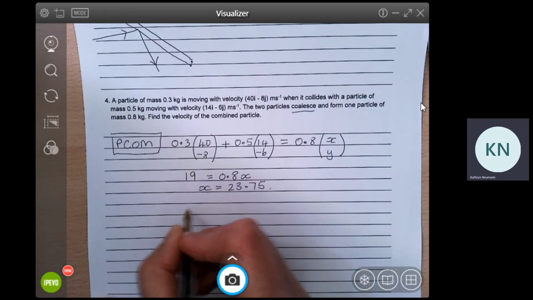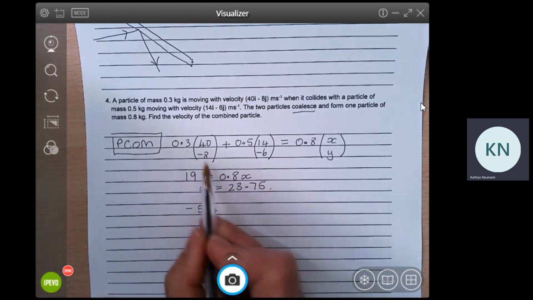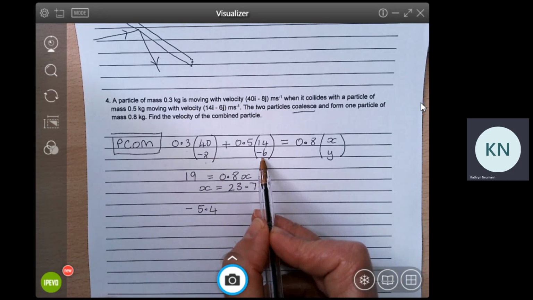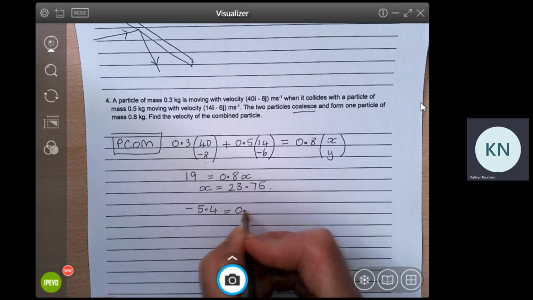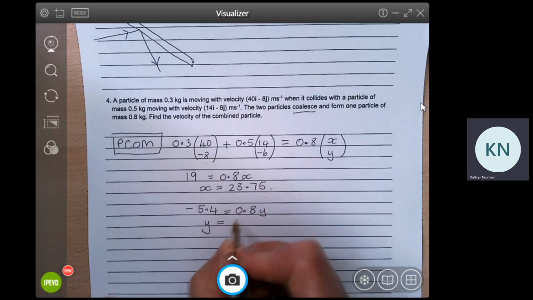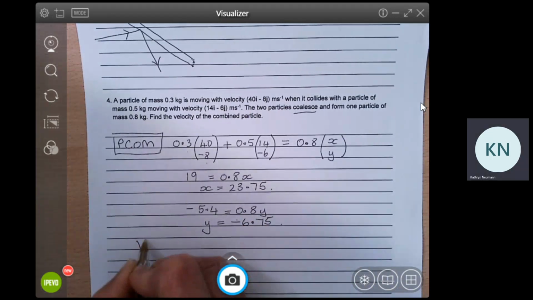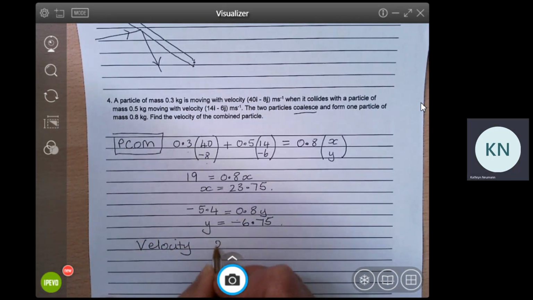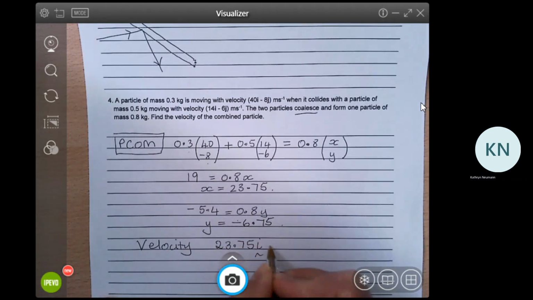And then the y line, we get -5.4 if we work out 0.3 multiplied by -8 plus 0.5 multiplied by -6. And that's going to be 0.8y. So y comes out to be -6.75. So the final velocity is going to be given by 23.75i minus 6.75j.